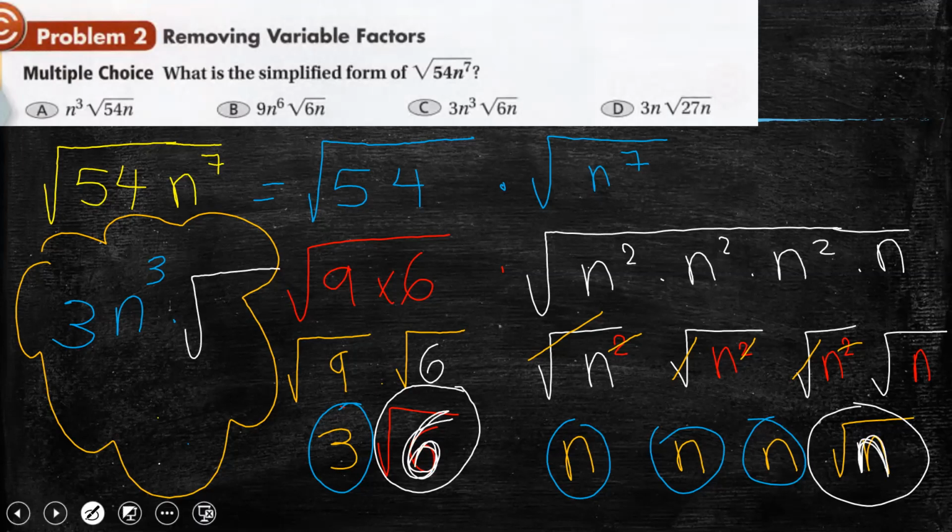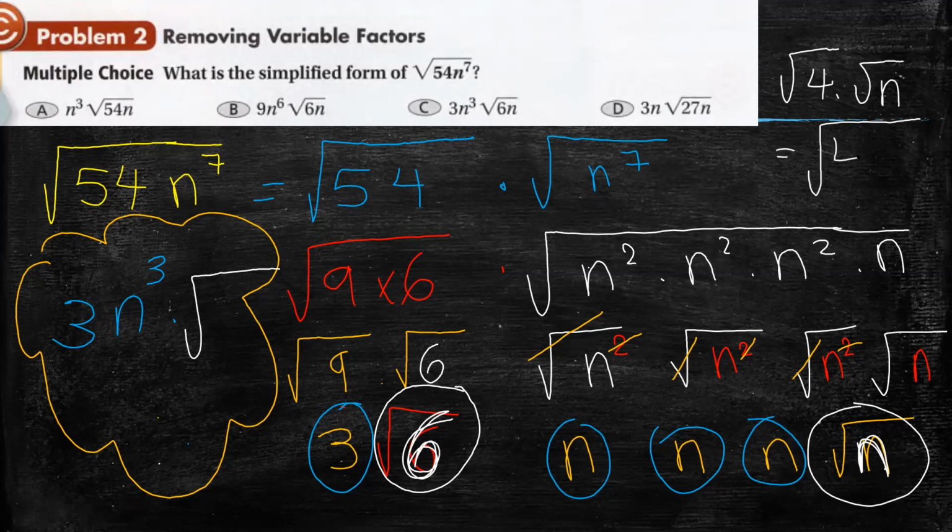If I have square root of 4 times square root of n, I will write one square root with 4n, because we can distribute it into two square roots, and also combine two square roots into one. So it will be 6n, which is the simplified one.